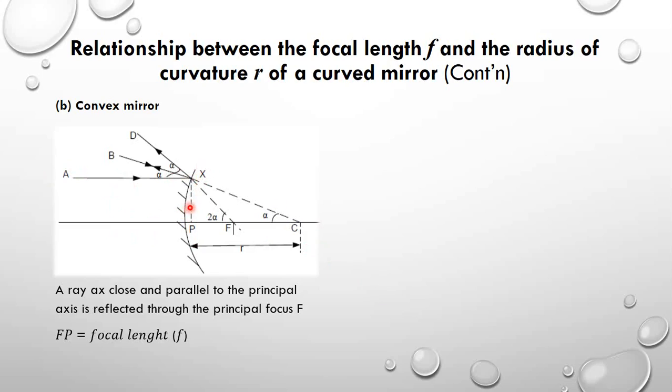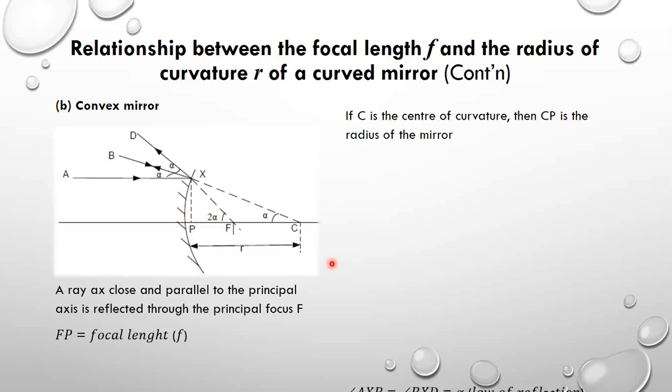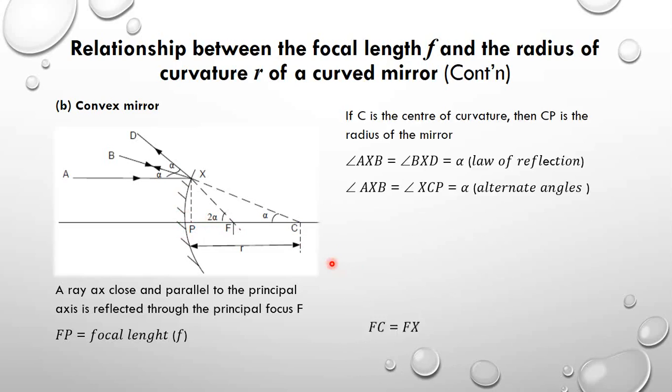And if this X is very close to P, it means that the distance FP is approximately equal to the distance FX. So the same thing is going to happen just like in the previous case, the same scenario. And so if this is equal to that and this is equal to this, then FC is approximately equal to FP.